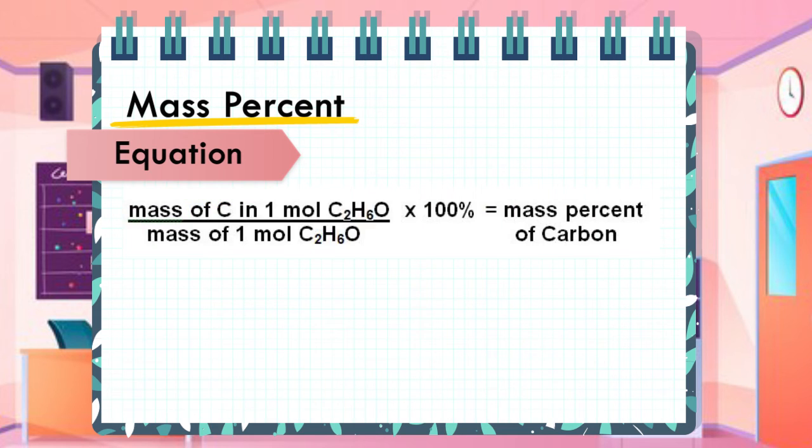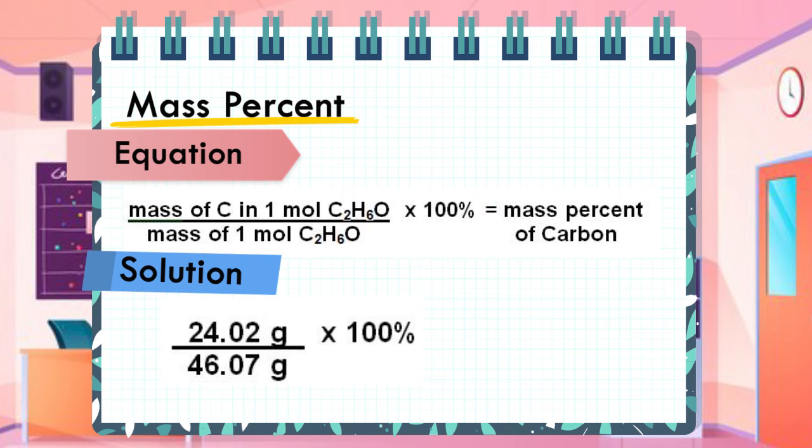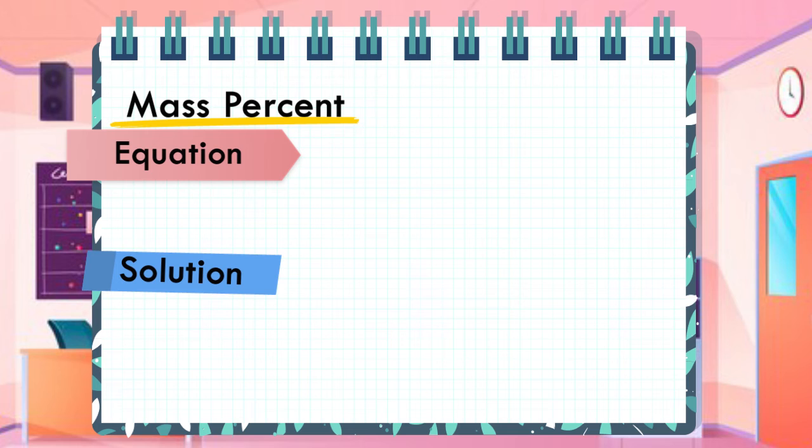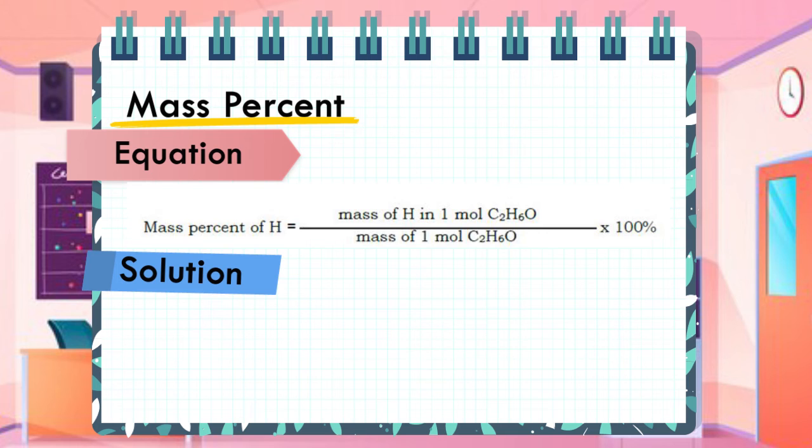Mass of carbon in 1 mole of ethanol divided by mass of 1 mole of ethanol times 100% to get the mass percent of carbon. 24.02 grams divided by 46.07 grams times 100% is equals to 52.14%.